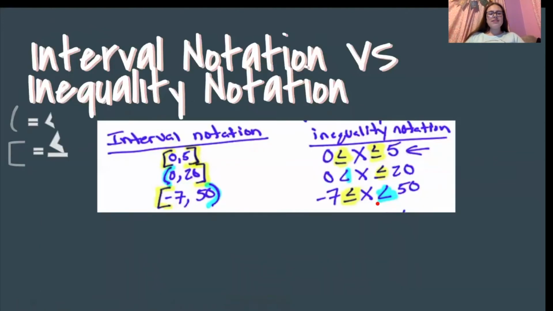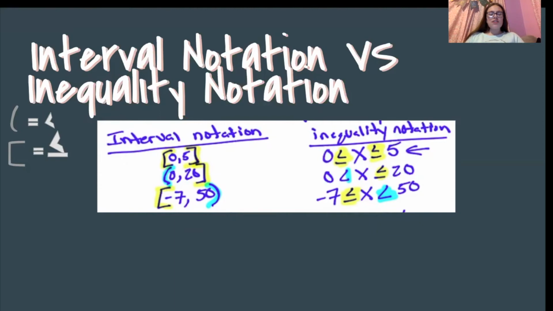So let's get into interval notation and inequality notation. Now, this first slide may confuse you, but I will definitely go more in depth in the slides to come. Interval notation is like so, and the inequality notation is like this. Basically, we have brackets and parentheses across the domain and range.